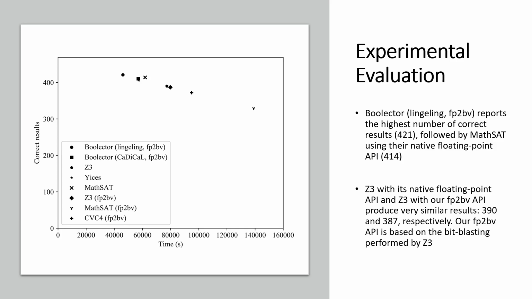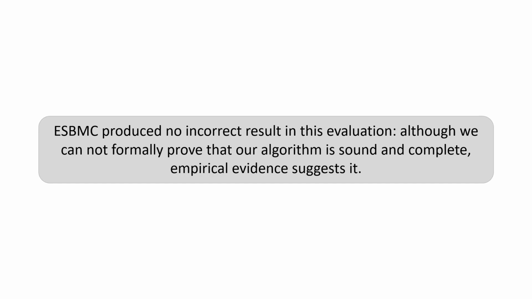Overall, Boolector with Lingeling and our FP2BV API presented the best results. It correctly verified more programs while also being the fastest solver. This is the first result of our research. ESBMC, when verifying these programs, produced no incorrect results. Although we cannot formally prove the algorithm is sound and complete, empirical evidence suggests it.